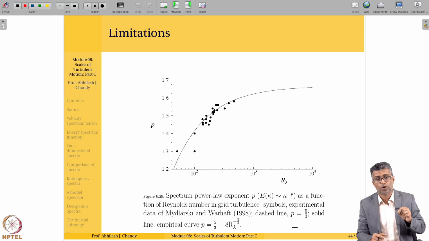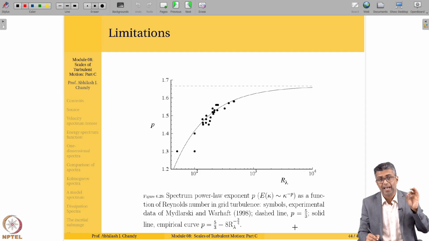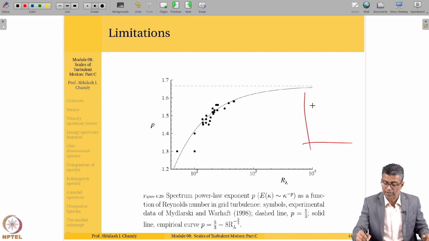This is the plot of the P value. What is P? The energy spectrum varies according to kappa to the minus P. We know that in the inertial subrange, P is 5/3, isn't it? If you had your spectra, the spectra looks like this, with a slope of negative 5/3.